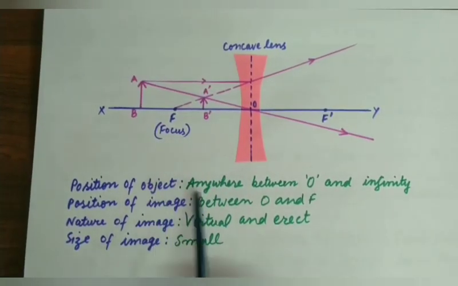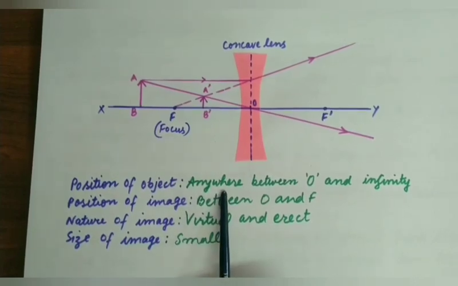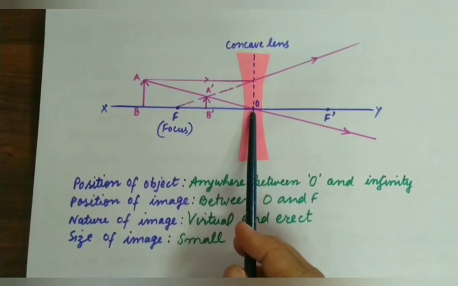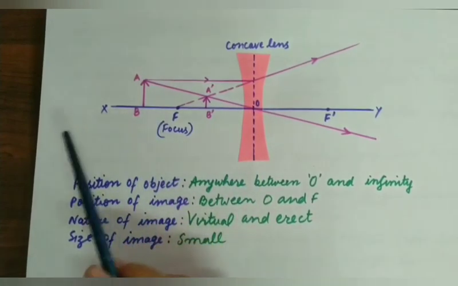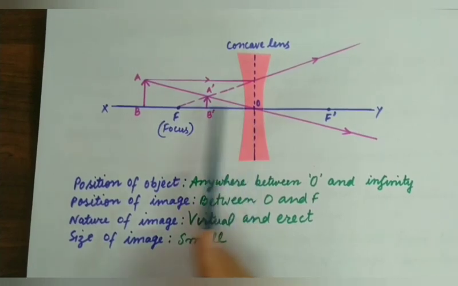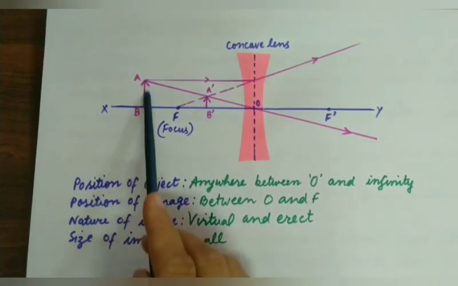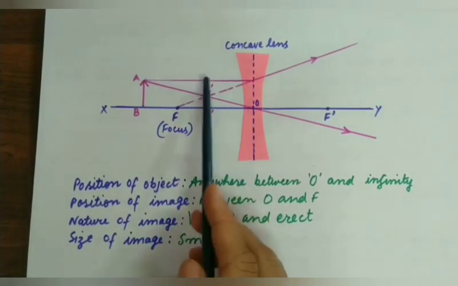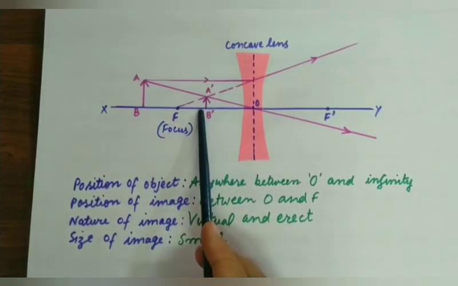Now, when the object is placed anywhere on the principal axis, anywhere between O and infinity, the object is not at infinity but on the principal axis. So here this is the object. Now first let's consider the first light ray which is moving parallel to the principal axis.